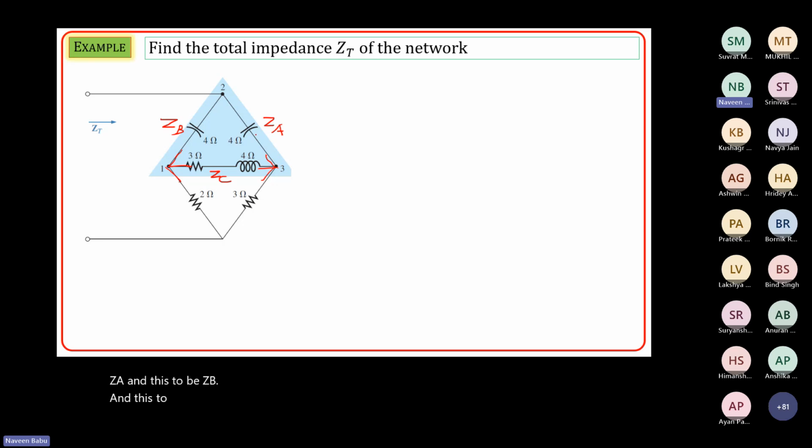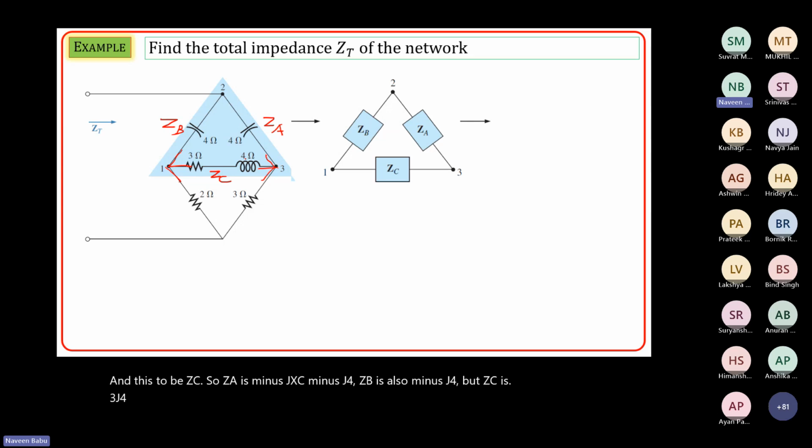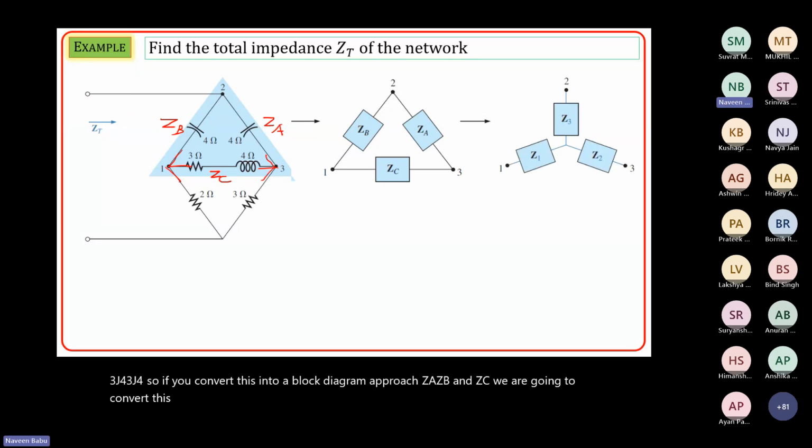So ZA is minus jXC, minus j4. ZB is also minus j4, but ZC is 3 plus j4. If you convert this into a block diagram approach, ZA, ZB and ZC, we are going to convert this into a star network like this.